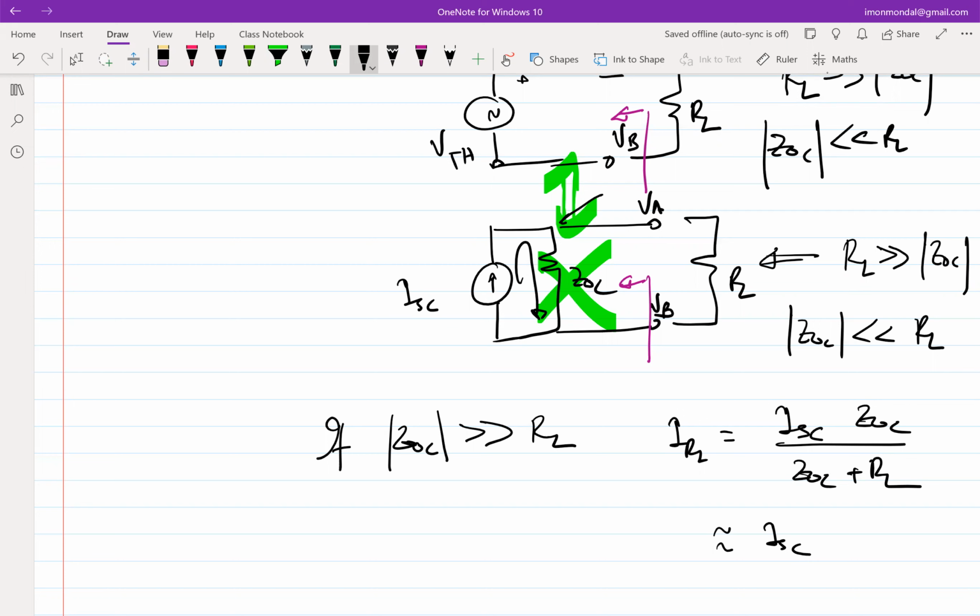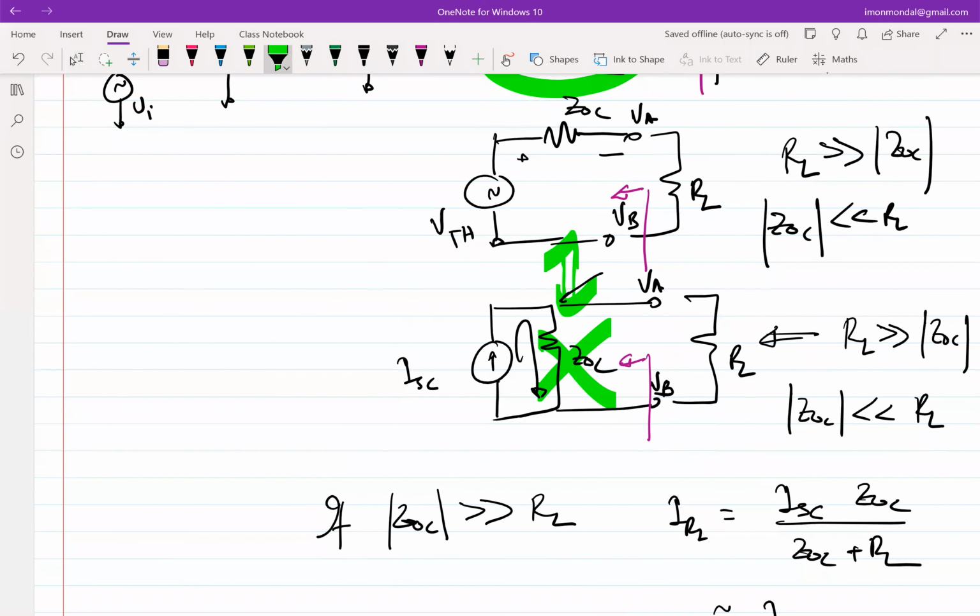So if you want to make a box look like a very good current source, then again everything is relative to the impedance that you are trying to drive.